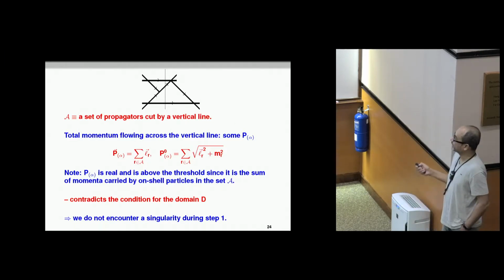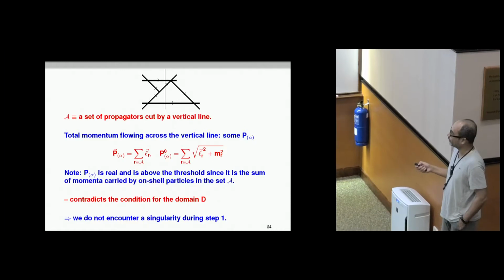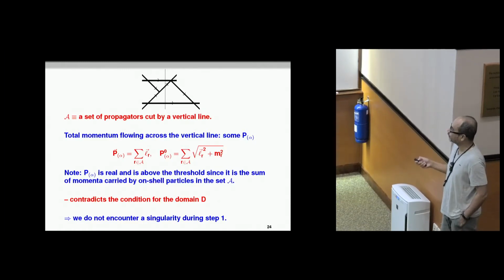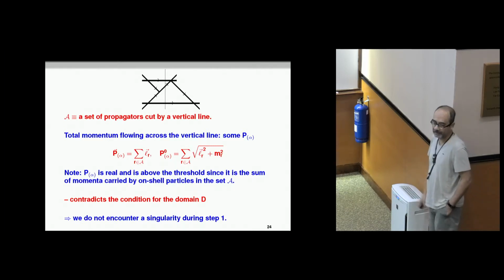And just from this relation we see first of all that P is real, and it's above the threshold because it's the sum of the momenta carried by on-shell particles in the set A. Each of these particles is on-shell because it satisfies L0 equal to square root of L squared plus M squared. In the reduced diagram, all lines are on-shell.